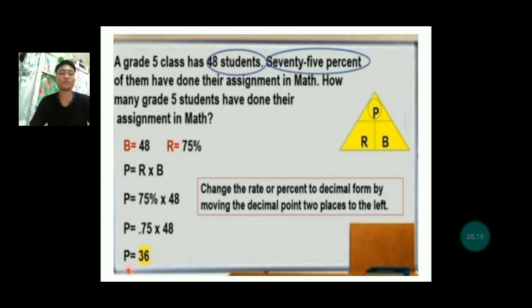So copy. Next, the formula is P equals R times B. So 75% times 48. Change the rate from percent to decimal form by moving the decimal point 2 places to the left. So 75 becomes 0.75. Multiply it by 48. The answer is 36.